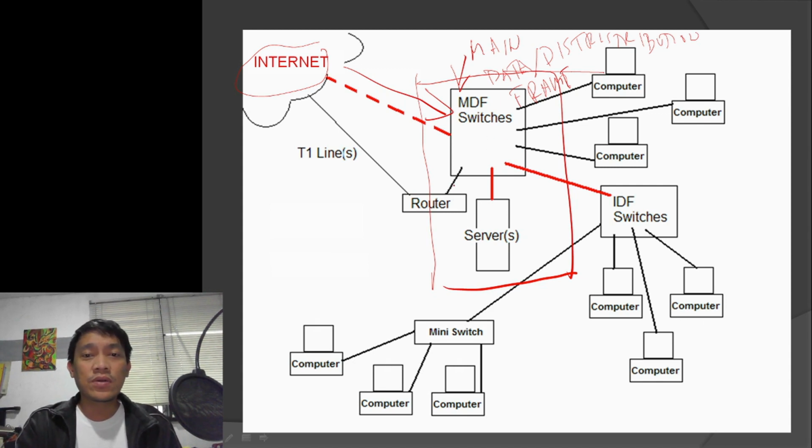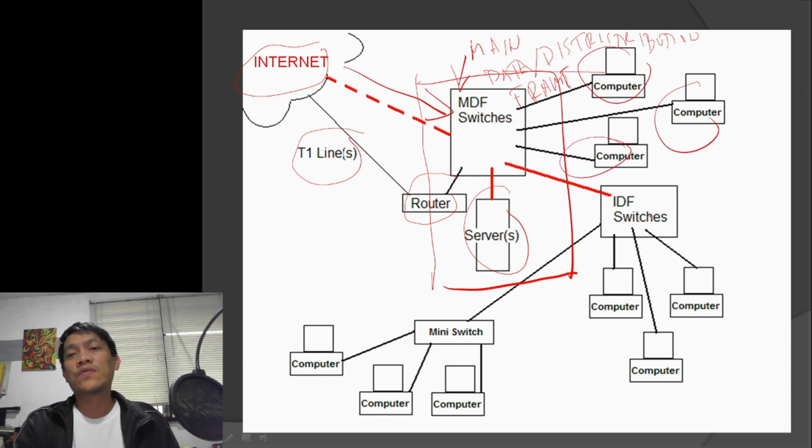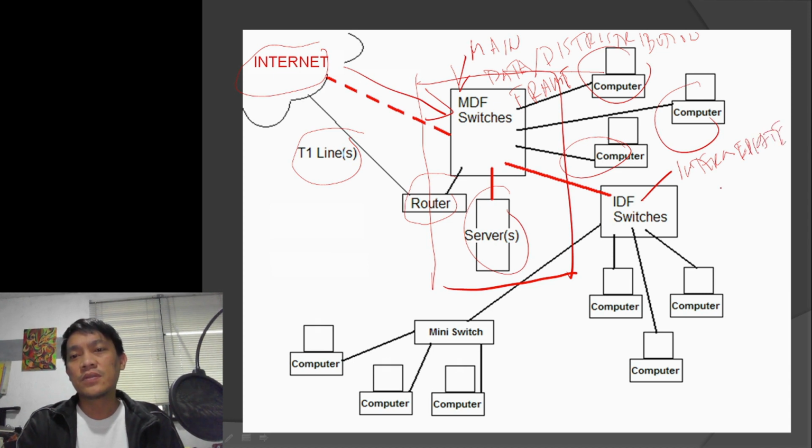So there are several devices on your MDF. You have the router, servers, and your internet connection here, and computers connected to the main data frame. So we also have what we call the IDF or the intermediate data or distribution frame.